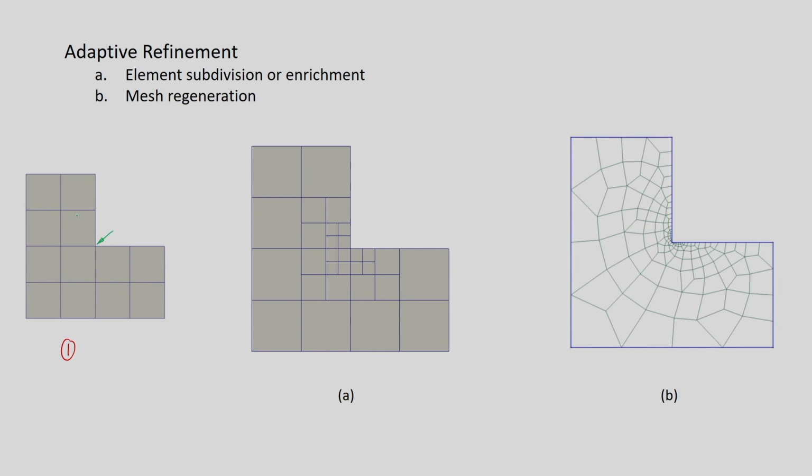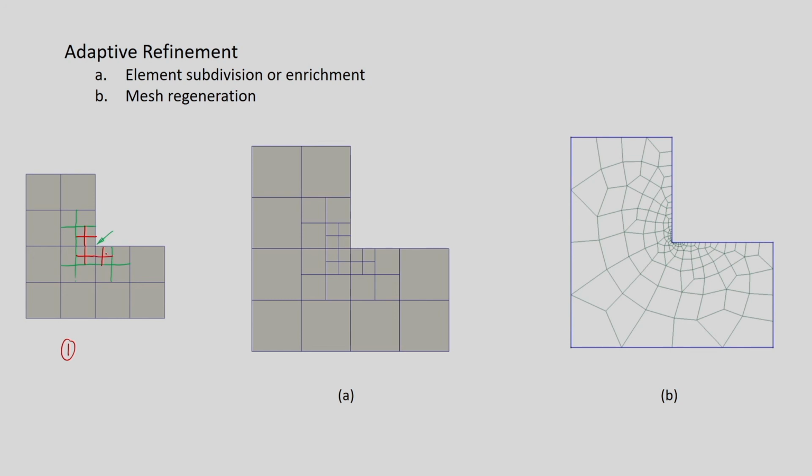Then in the subsequent step, instead of refining all the elements, we will refine only these 3 elements that are adjacent to the corner. Okay. If our algorithm says that these are the 3 elements where xi k is greater than 1, alright. Then again we will solve the problem, and if the 3 elements adjacent to the corner are contributing more, then in the next refinement step we will refine only those 3 elements.